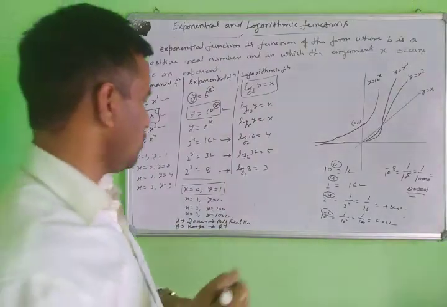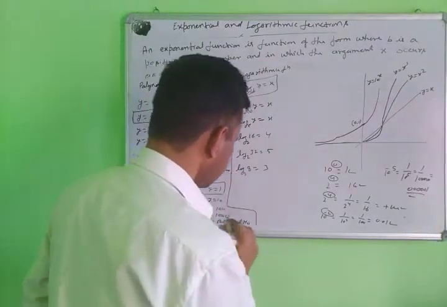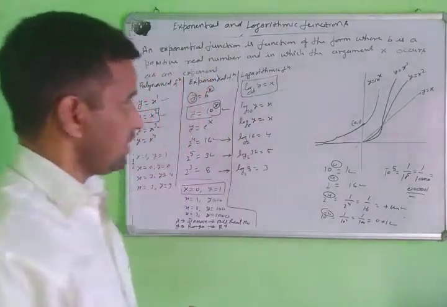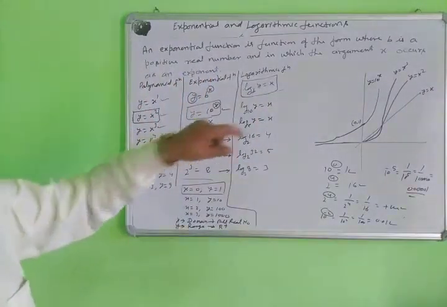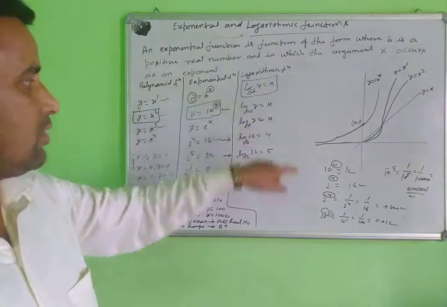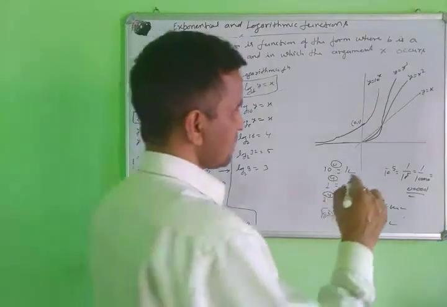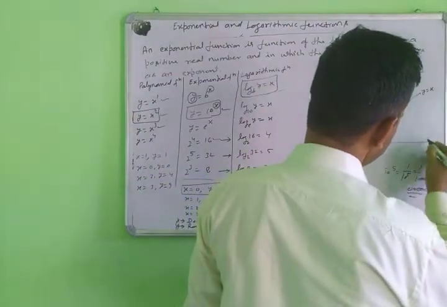Suppose you draw the graph of these points. I am taking x equal to 1, then the value of y equals 0. The logarithmic function graph will be drawn through this point.